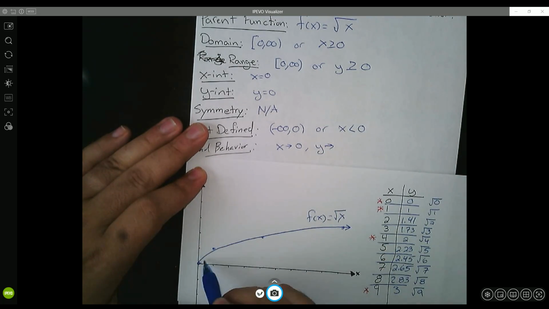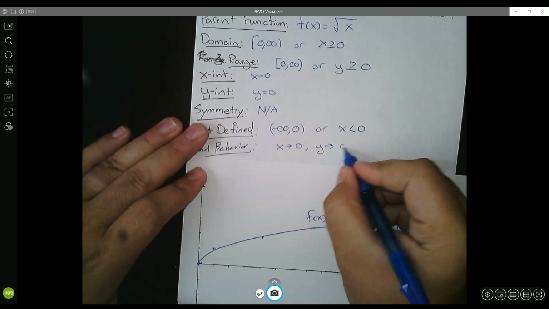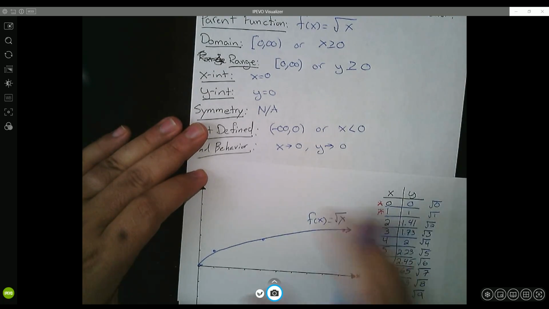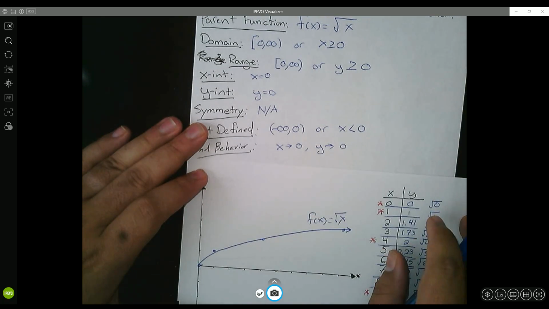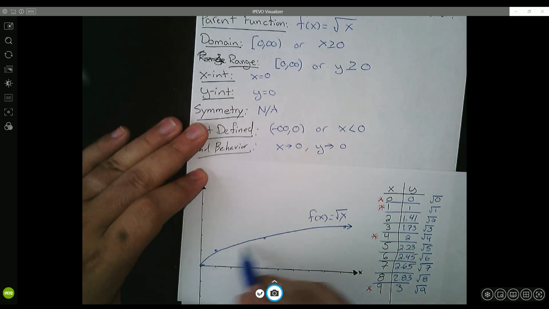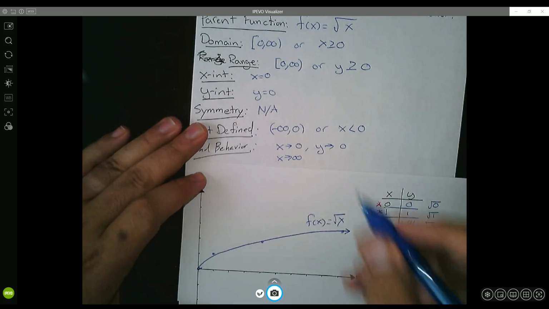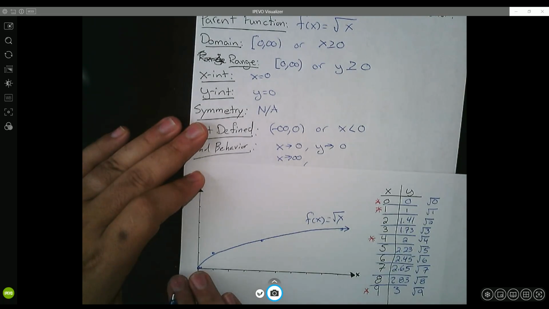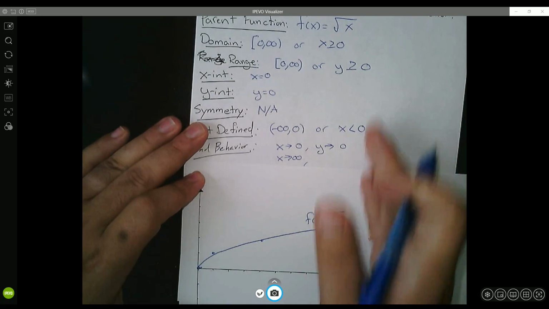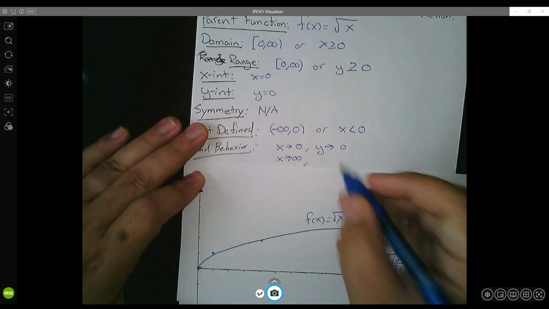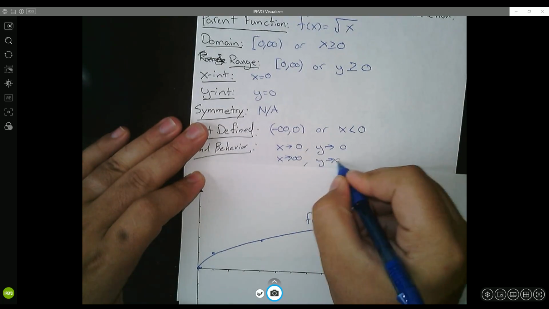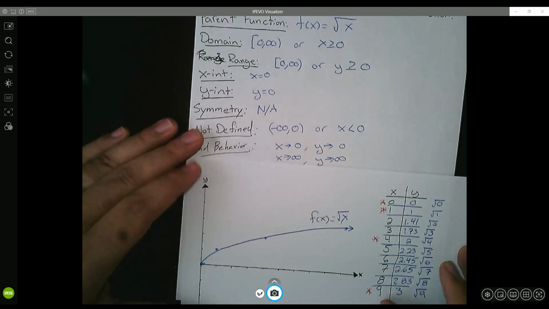Well, it approaches the same as that thing. It approaches 0 as well. So that's the left done. So now we're going to talk about as x goes to the right. So as x goes to the right, it goes on forever. So it goes on to infinity. And as x goes to the right, y goes up. So y goes to infinity as well.